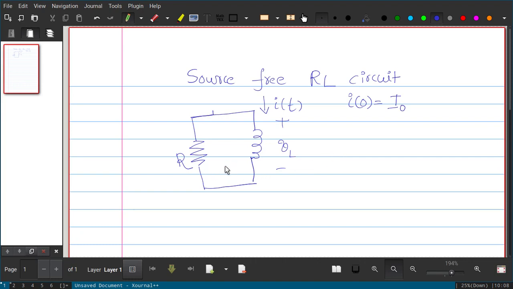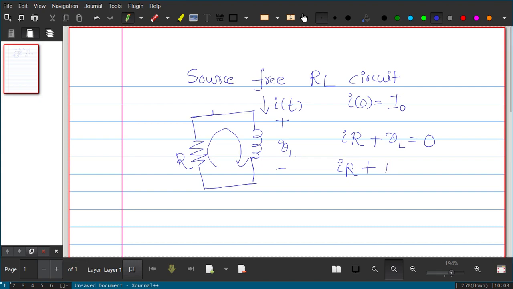If you apply KVL, the first term is i into R, i into R plus VL equal to 0. This is the KVL. Now we will substitute VL. Voltage across an inductor is defined as L di by dt.